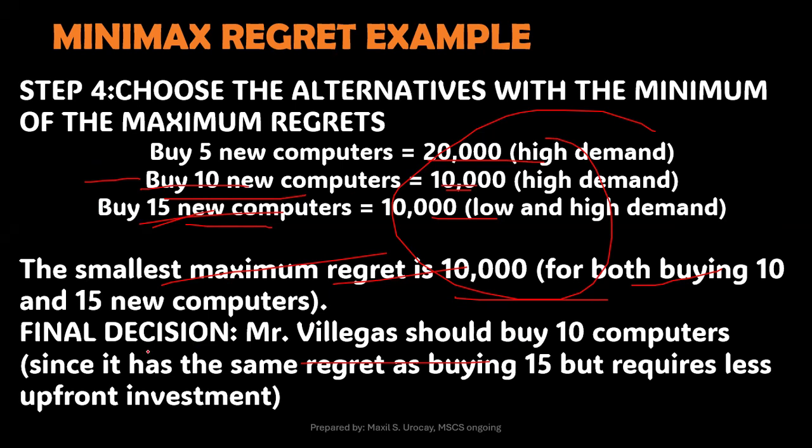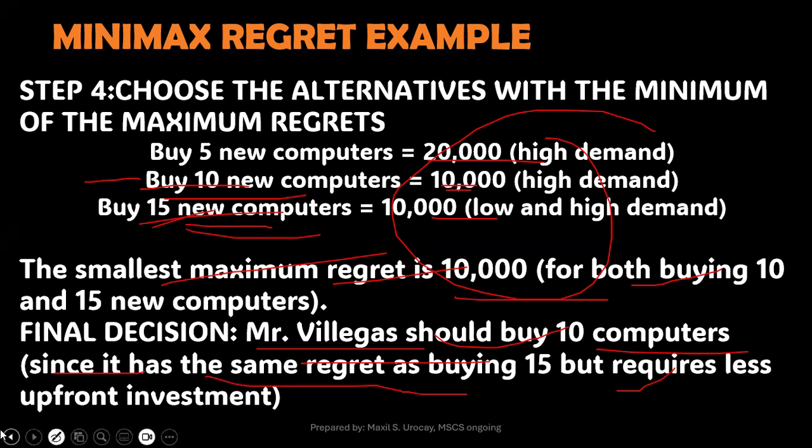So, taking that into consideration, Mr. Villegas should buy 10 computers instead, since it has the same regret as buying 15 computers but requires less upfront investment. So the best alternative right now is the 10,000, which pertains to 10 computers. That's how you deal with the Minimax regret.